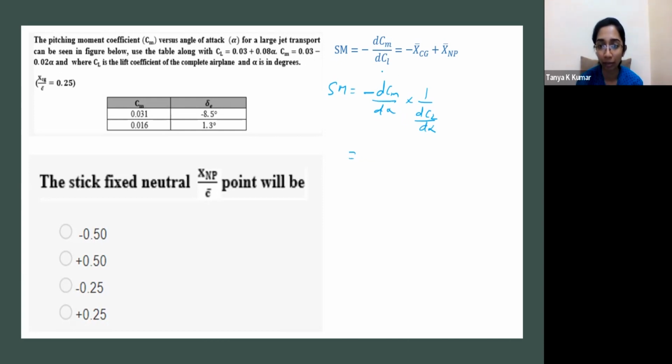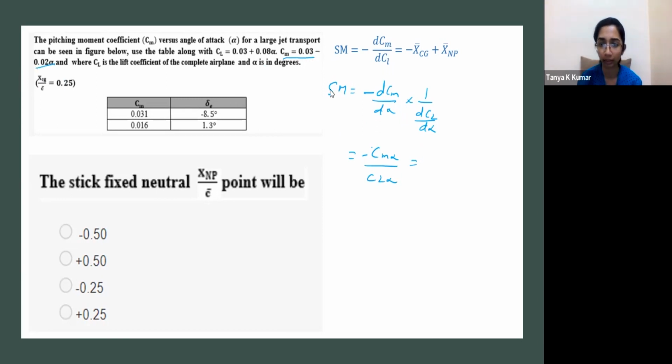So what is Cm alpha from the equation that was given? Cm equals 0.03 minus 0.002 alpha. What is Cm alpha? This is basically Cm alpha by Cl alpha. What is Cm alpha from this equation?